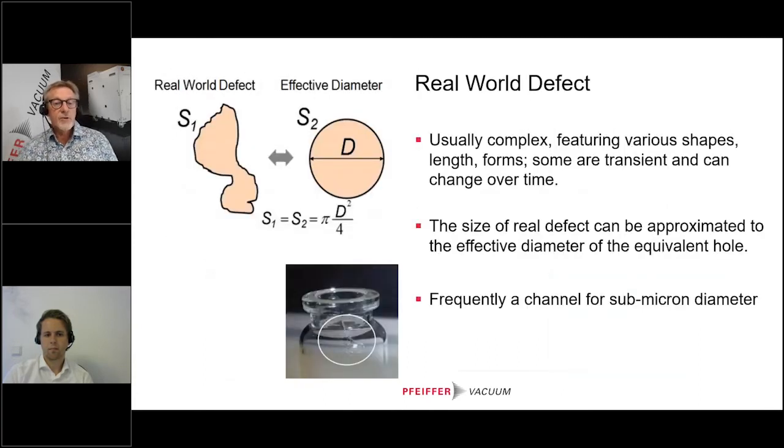Of course, the real world defect is not a perfect hole. Usually we have complex and various shapes, lengths, forms, and so on. And even more, it can change over time. So for theoretical calculation, we can estimate the size of a perfect hole, what we call an effective diameter, of the equivalent hole corresponding to the area of the real defect.